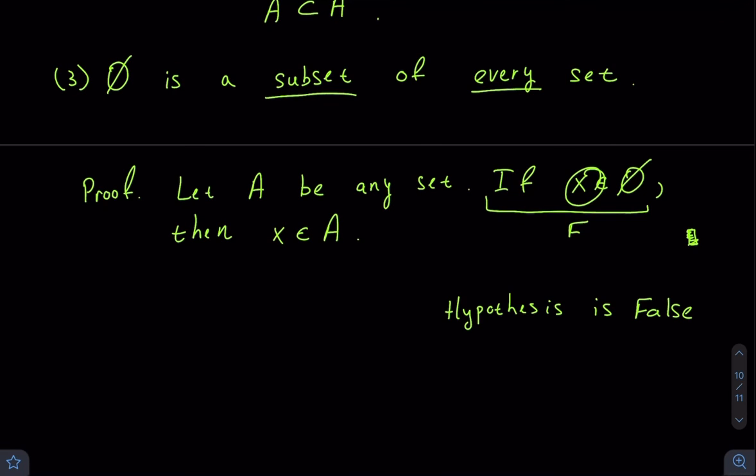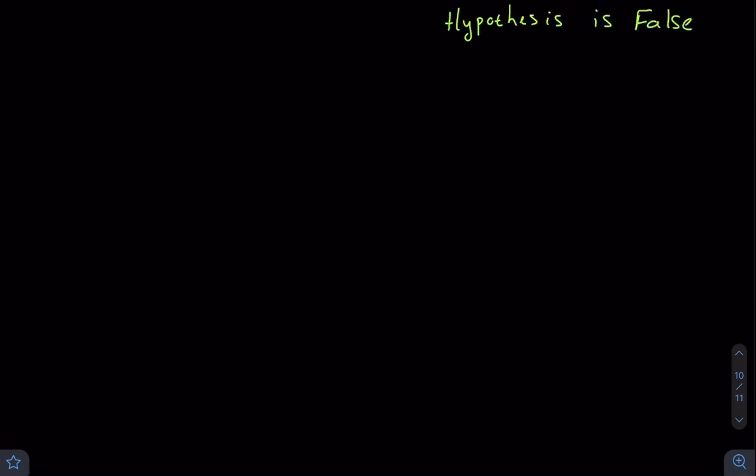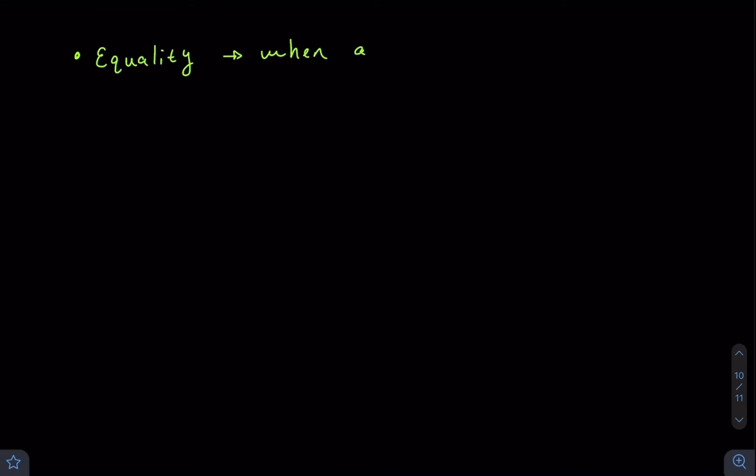The last relation we should talk about is the equality relation. What does it mean when two sets are equal? To answer this question, we will use the subset relation to help us.